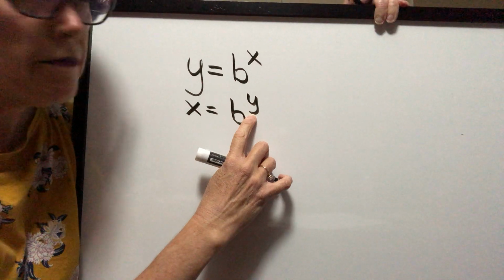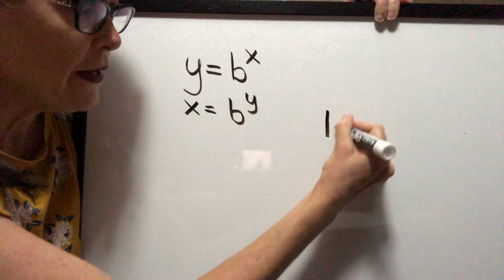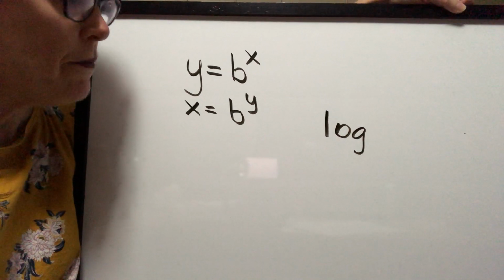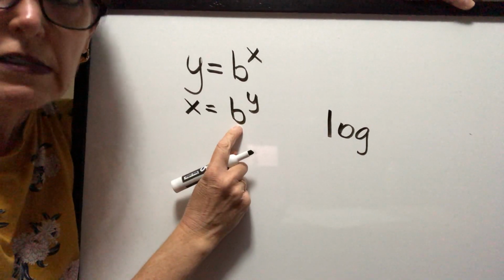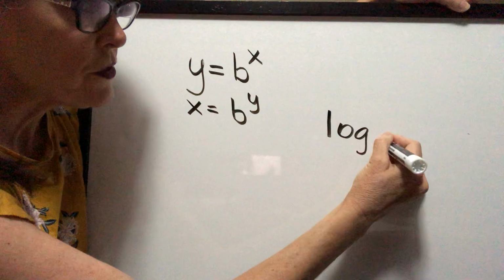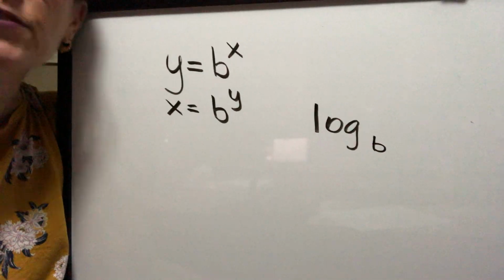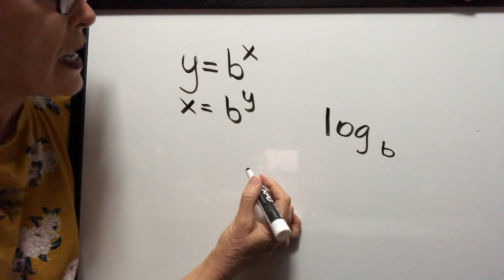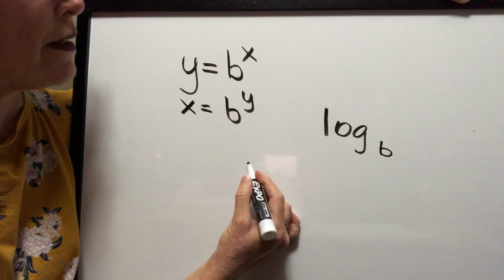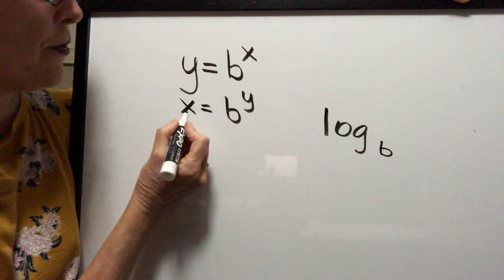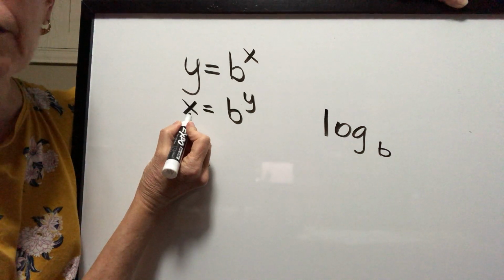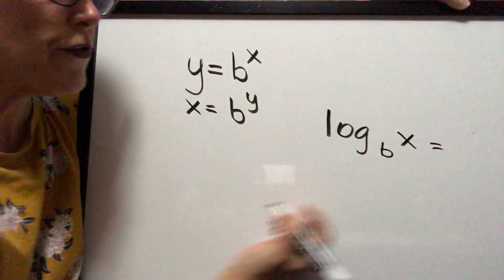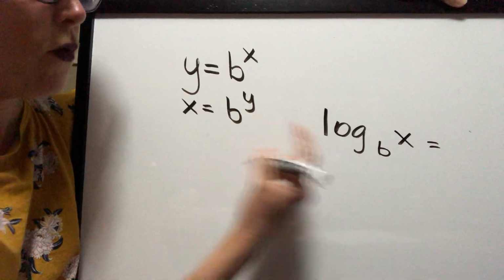The logarithm in math is abbreviated by log, and the logarithm will have a base, the same base as the exponential function. That will be b, and it's written as a subscript, a little bit lower than the g. Then the number over here will be the number that you take the log of, so that will be x. And then after the equal sign, that will be y.